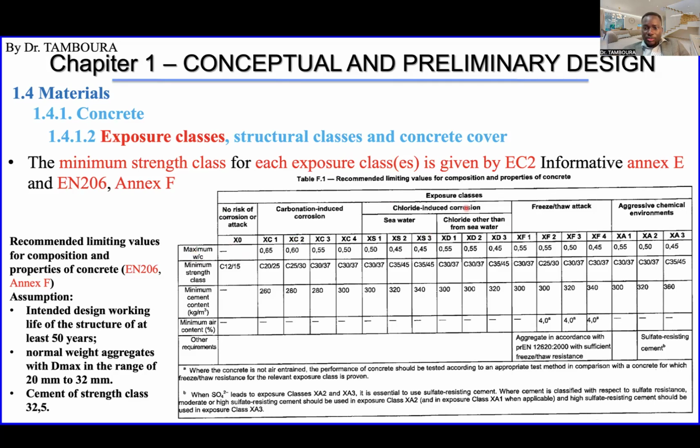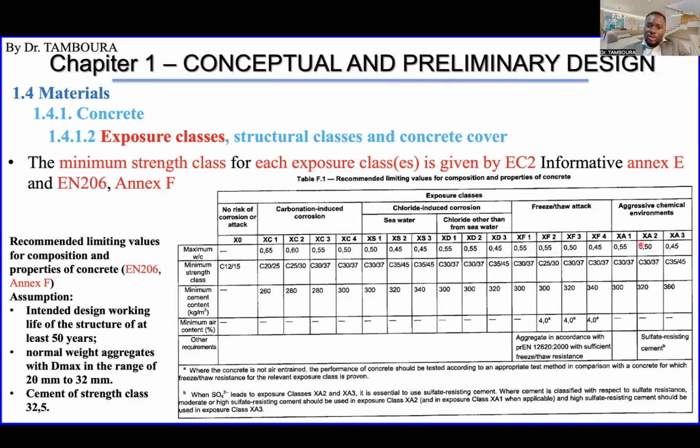This line is giving us the maximum water cement ratio for each exposure class. If you have exposure class XC1, the maximum water cement ratio you should have is 0.65.